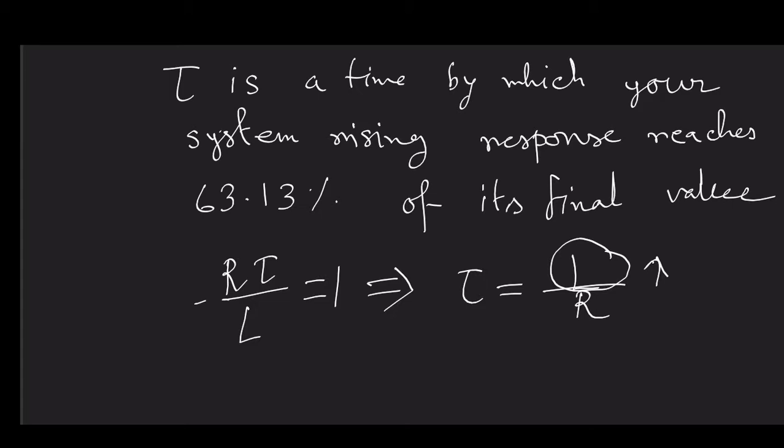Now this is all about the DC case. So for DC we have a representation, but now we would like to see what happens in the case of an AC circuit.